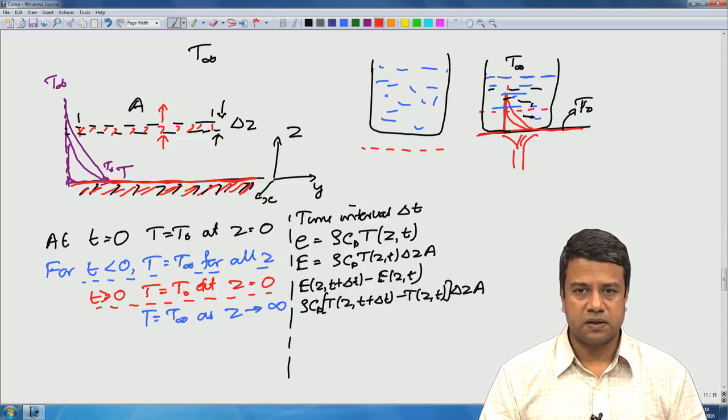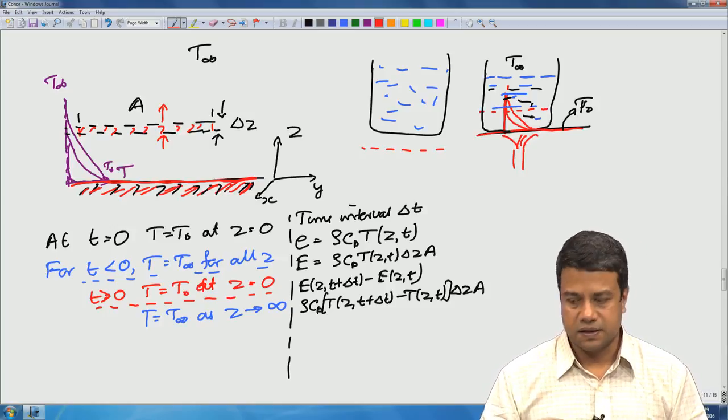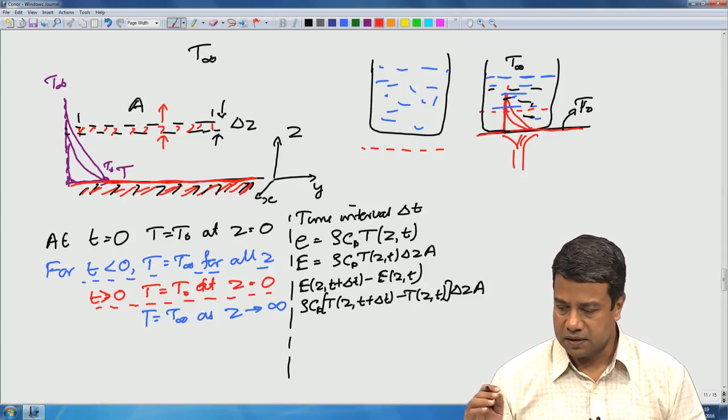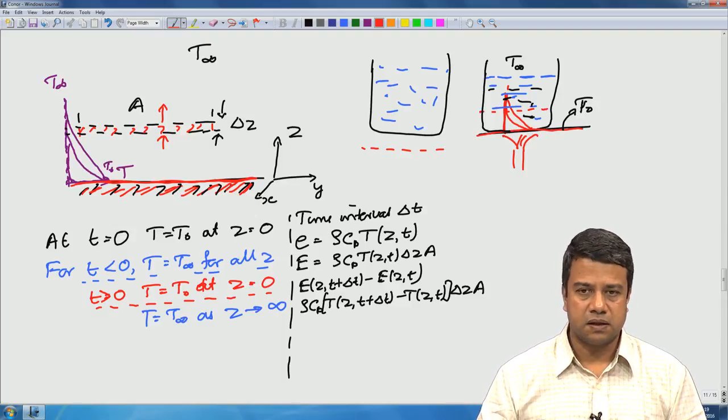This approximation of an infinite fluid is valid when the distance to which the fluid heats up is much smaller than the total height of the container. In that case, this approximation is valid, and we will see a little later, as we go through this problem, what is the thickness of the fluid layer which is actually heated up.